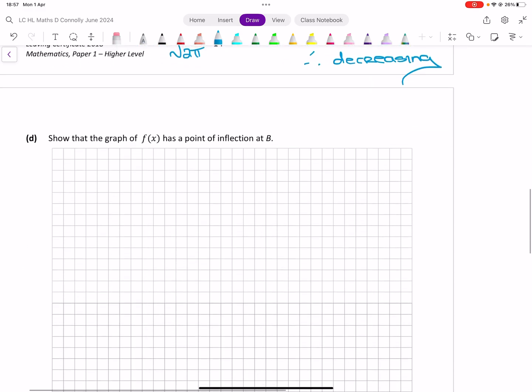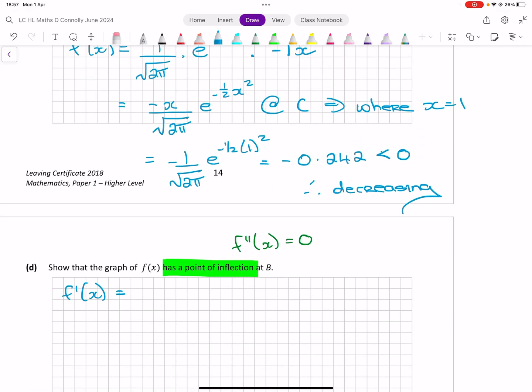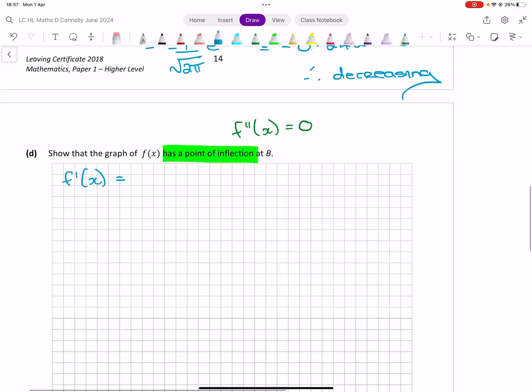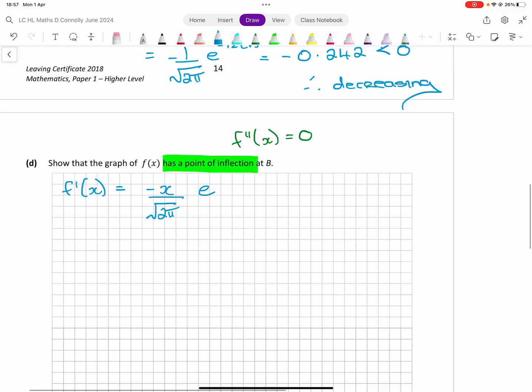Show that the graph has a point of inflection. So second derivative equals 0 for the point of inflection. So we take the first derivative, which is minus x over the square root of 2 pi e to the minus a half x squared.